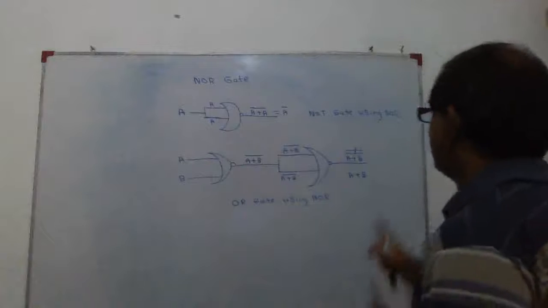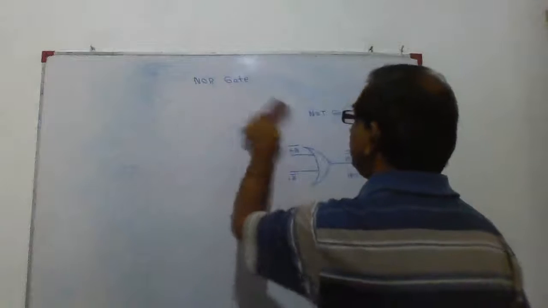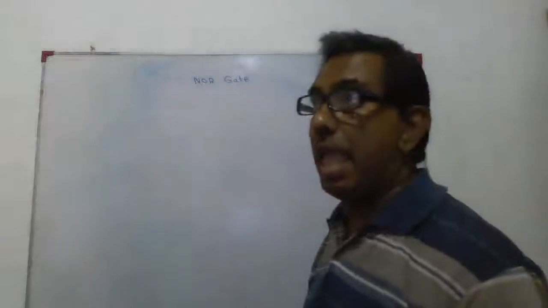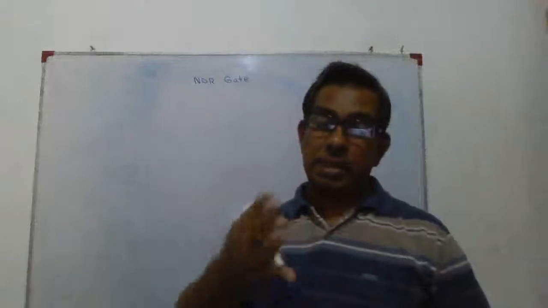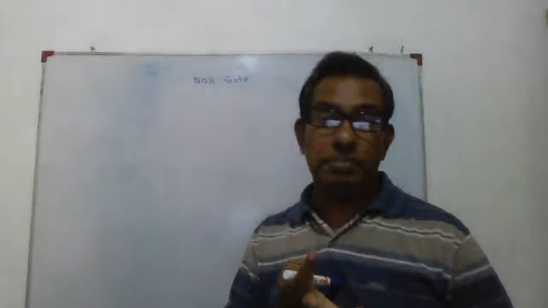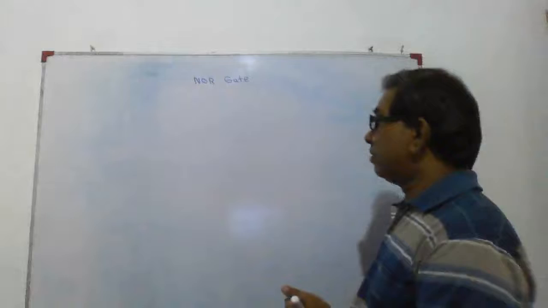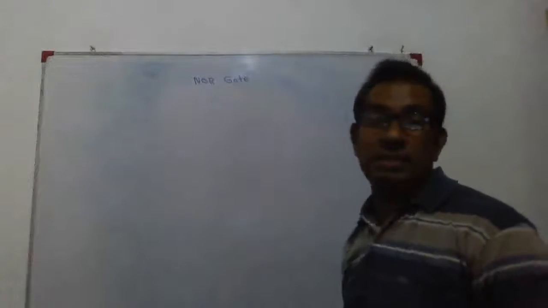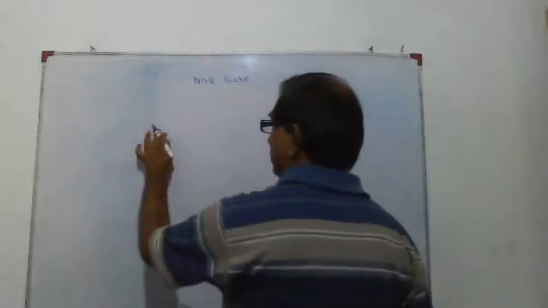Then the last one, I need to show you how to produce AND gate, because what we did up to now, we discuss NOT gate and OR gate. We need AND gate here. In order to create AND gate, we need three NOR gates. So we get values.